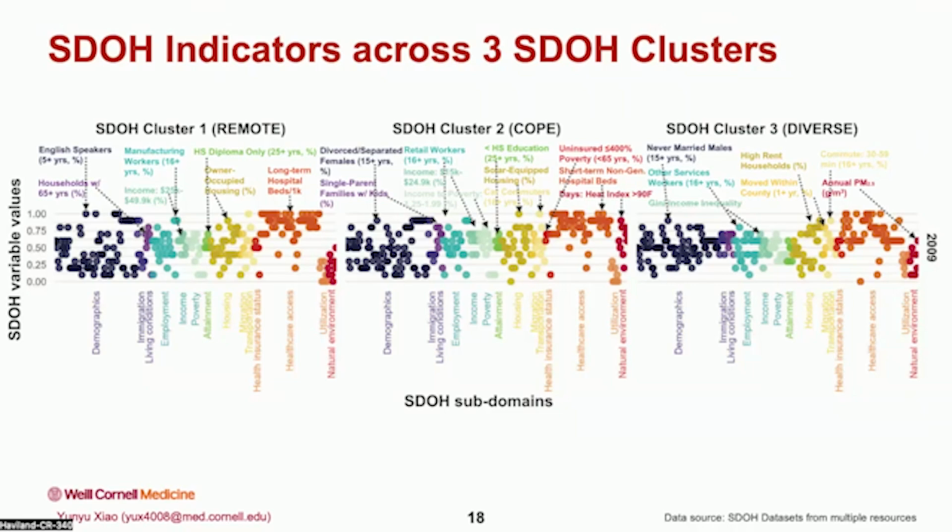For the COPE one, you can see a lot of uninsured people in these areas. And finally, the diverse group has very high rentals here as well, and economic problems, with features like annual PM2.5 rate being very high as well. So even within each of these clusters, we can see a particular part where, given an amount of investment, is the exact precise part that we wanted to address.